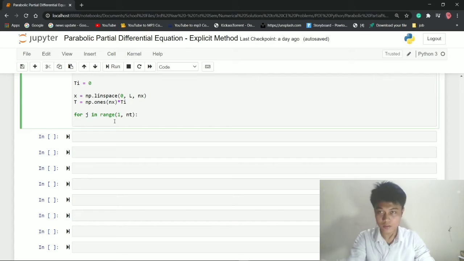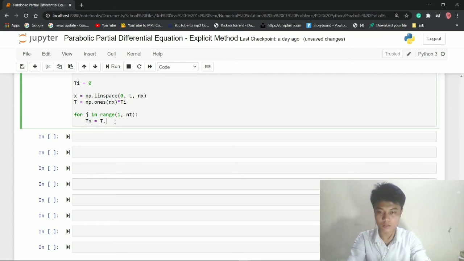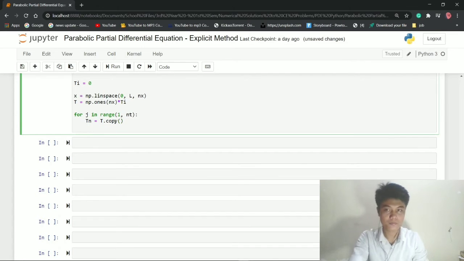So, for j in range, so we have our tn is equals to t.copy. Now, yung tn natin dito, this is the previous temperature ng rod. Yung previous temperature natin sa una is yung ating initial temperature, which is 0, plus yun sa side niya is yung ating boundary conditions.